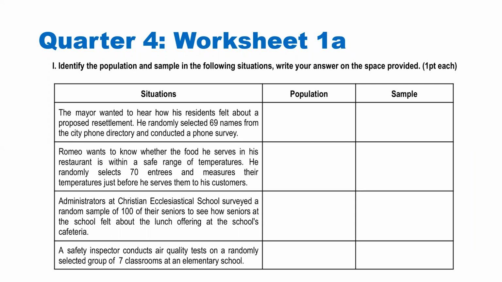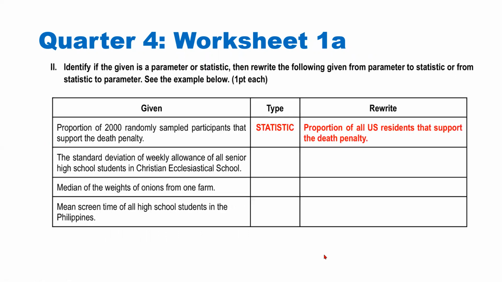Okay, so dito, lalagay niyo lang po, based on the situation, you will put the population here, ano yung population na tinutukoy natin, and then what is the sample. So 1 point each, so you can earn in this part a total of 8 points. Then in this part, total of 6 points, 1 point for identifying the type.